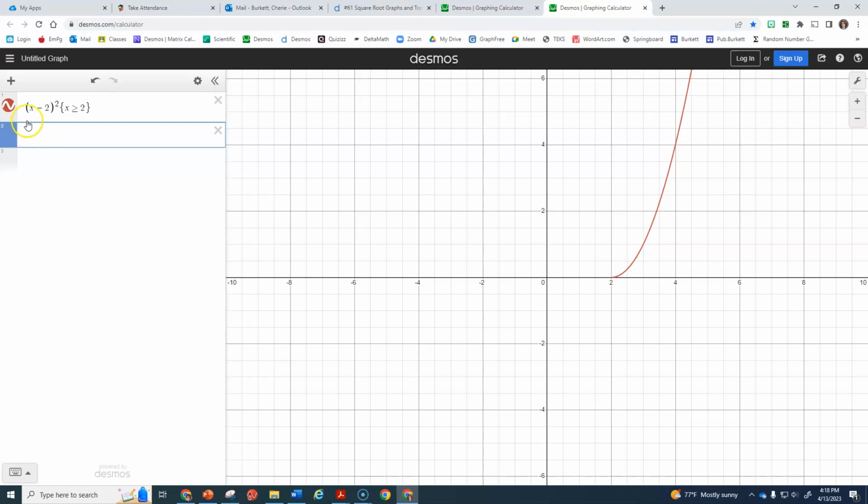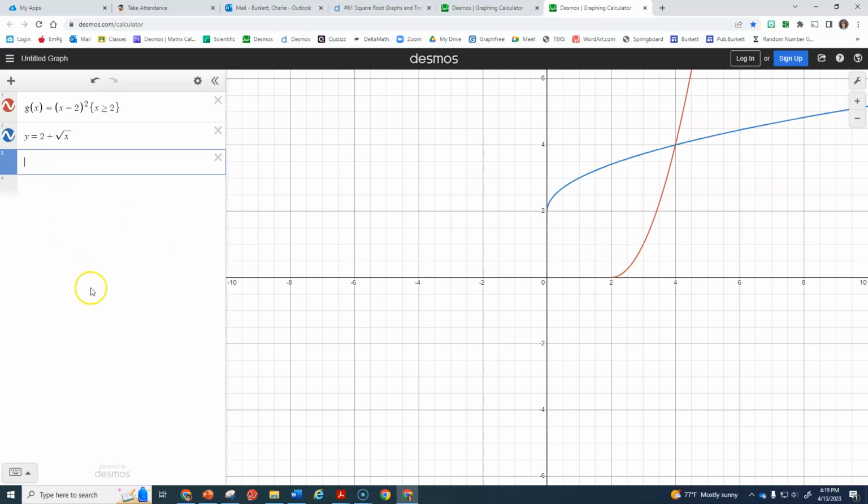And again, I'm sorry I didn't do the y equals, or you can do g of x equals. G of x equals, and then down here we'll do y equals 2 plus the square root of x, and you can see that that is the inverse.